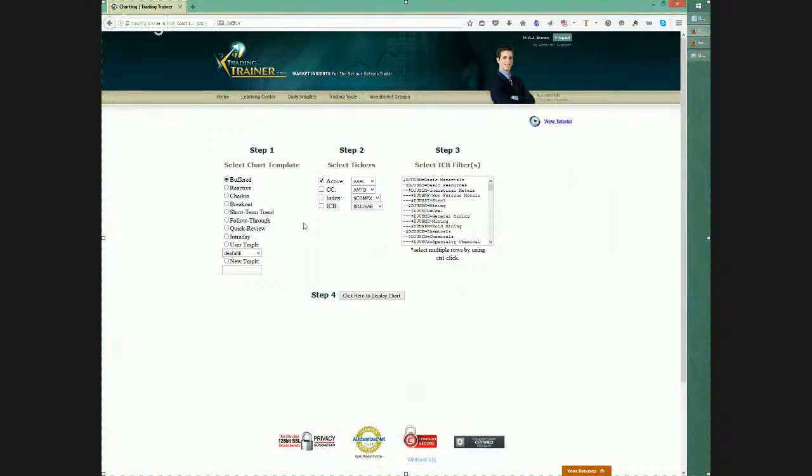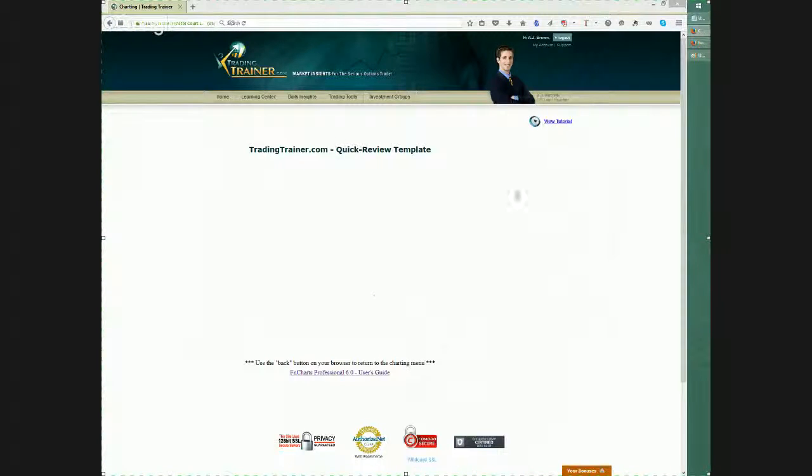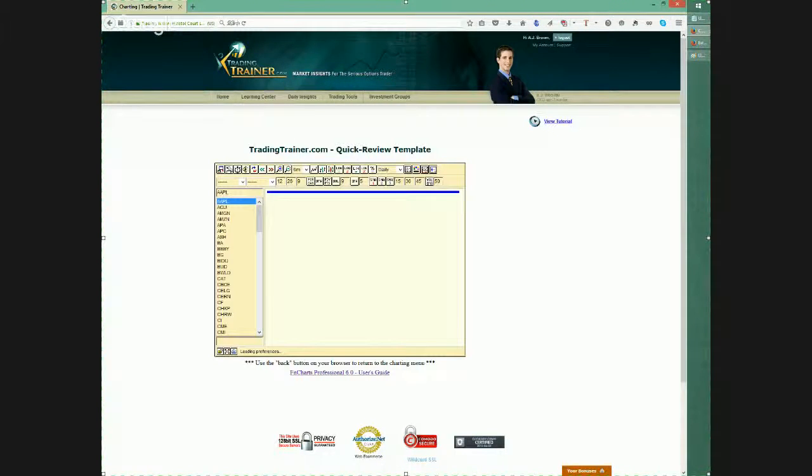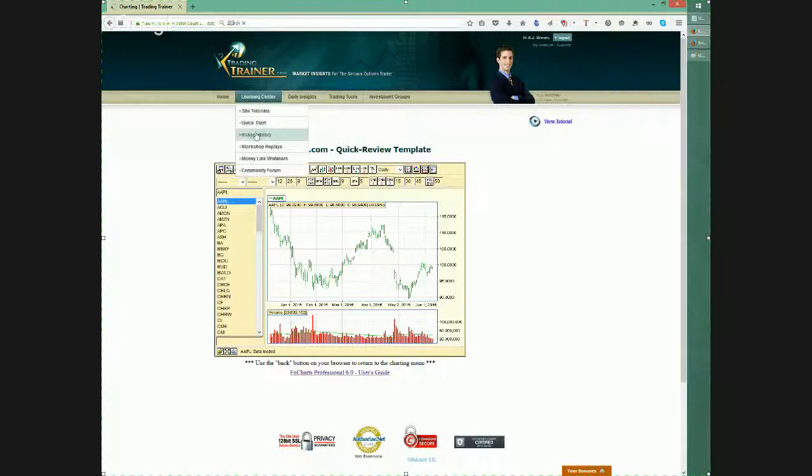And let's just pull up a familiar ticker like Apple Computers. So I'm just going to look at a plain Jane 6-month daily chart with linear scale, open, high, low, close bar, separate pane for volume and volume average, and take a look here.